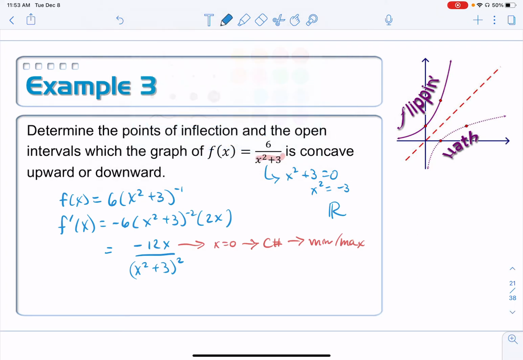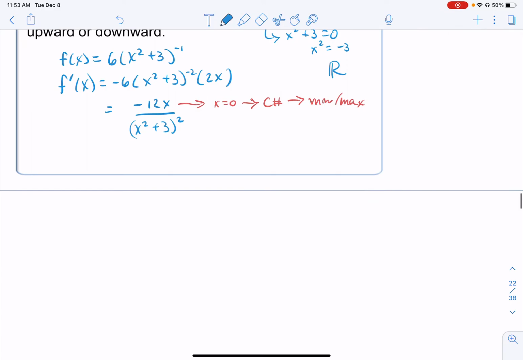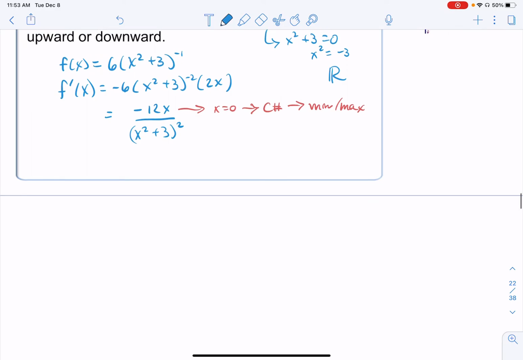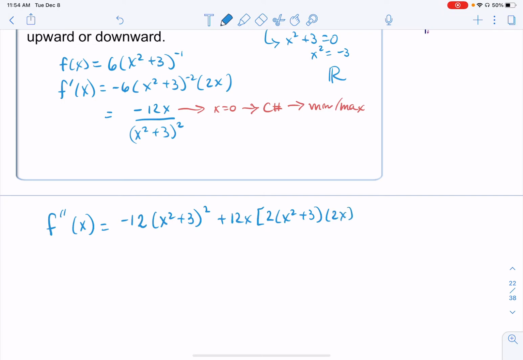So now let's keep going with this. Let's find the second derivative. To find the second derivative, I will have to use the quotient rule, of course, because we've got a quotient. So the derivative of the top is negative 12 times the bottom, x squared plus 3 quantity squared, minus the top, and it's minus a negative, so it's going to be plus 12x, times the derivative of the bottom, which is 2 times x squared plus 3 to the first power, and then times the derivative of the interior, so 2x.